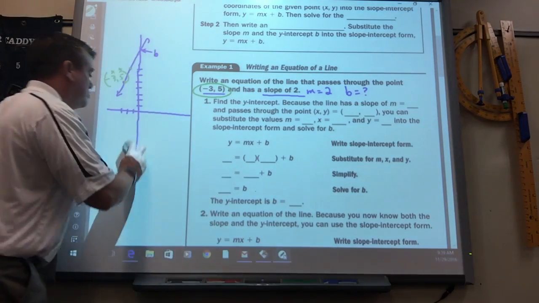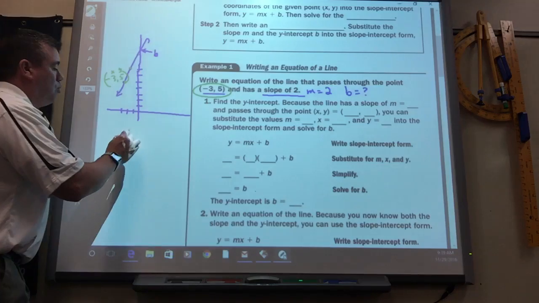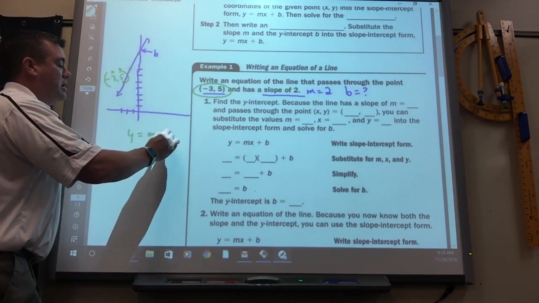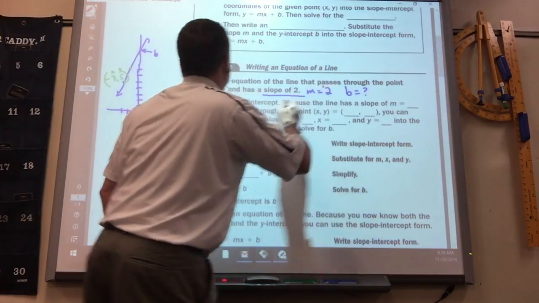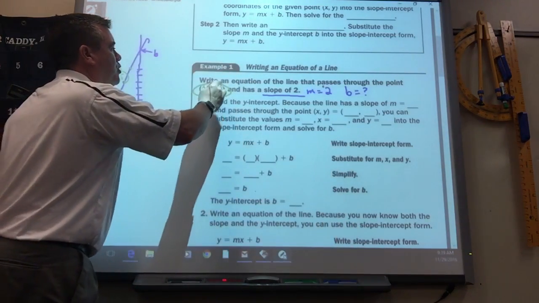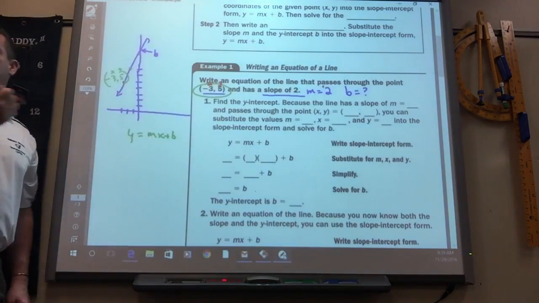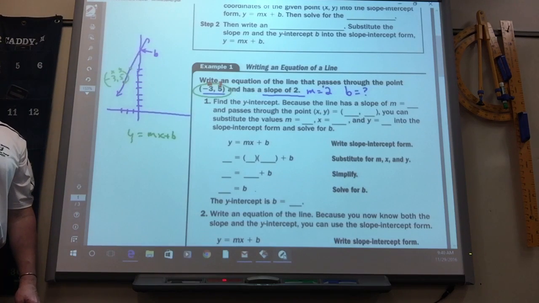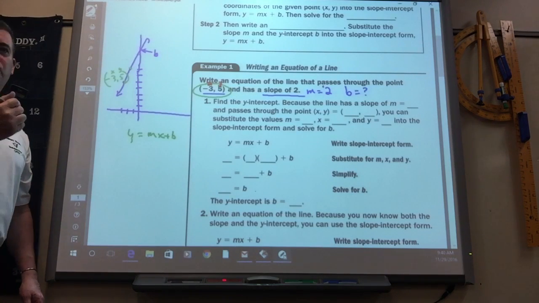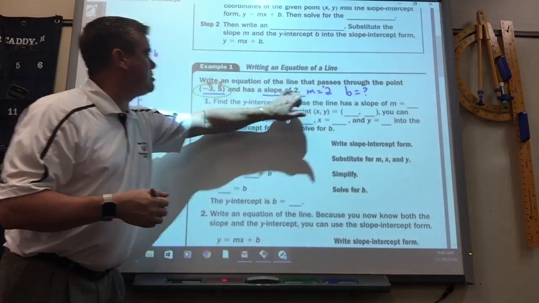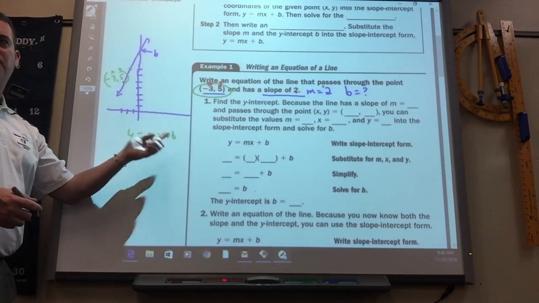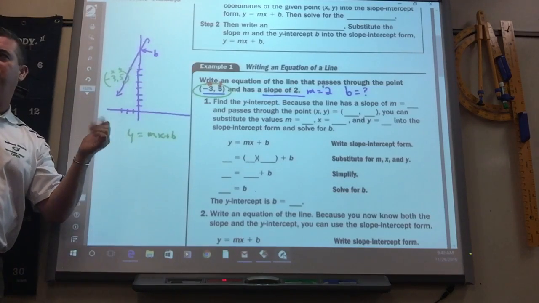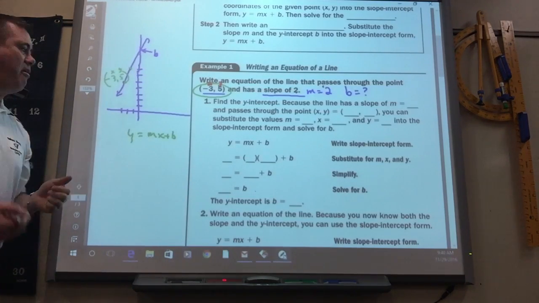So, in the equation, y equals mx plus b, I know 3 of the 4 letters. That make sense? So what you do is you plug these 3 numbers into this. The b is still going to be missing, but if you're only missing 1 letter, you can figure out what it is by solving it.